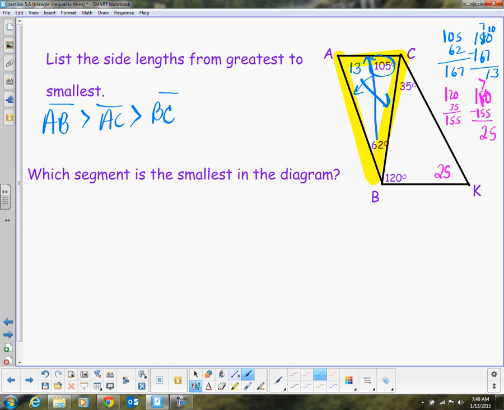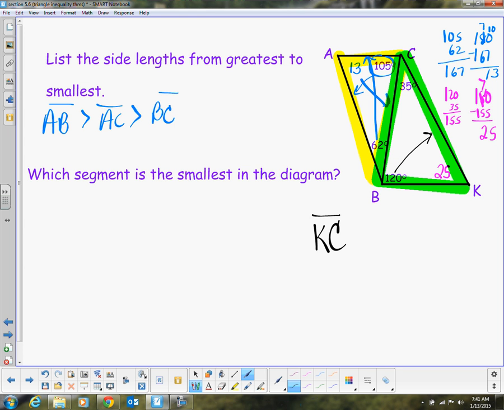All right, so now we're going to go green, and we're going to list in order these sides. Then we're going to see if we can connect these. I'll see if I wrote a very good problem or not. So here, it's greatest, so what's my biggest side here, in green? KC, because it's opposite 120.